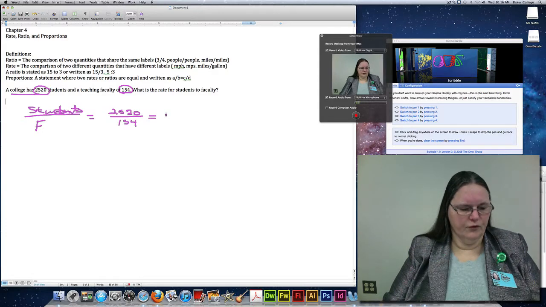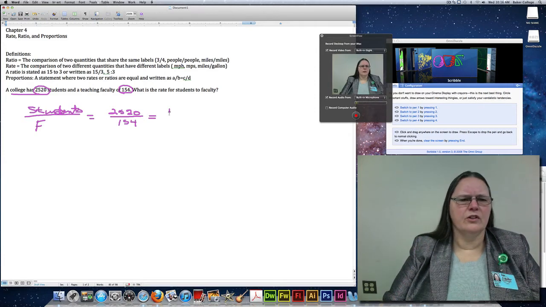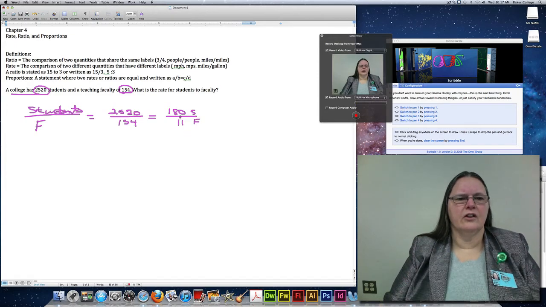If we reduce this number, we're going to come out with a smaller number, and when you do the math, it would be 180 students for every 11 teachers. So we'll put faculty there. So that's how you would read it. I have 180 students for every 11 faculty they share.